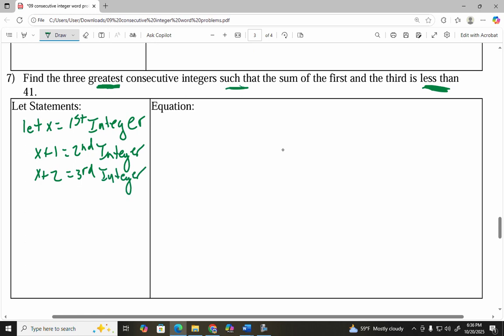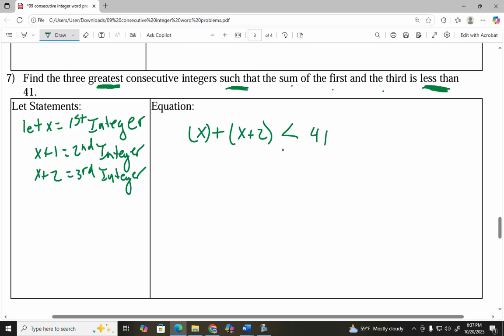We go to the such that the sum of the first and the third, the first plus the third, is less than 41. And some people say, you must have made a mistake, Mrs. Dans.